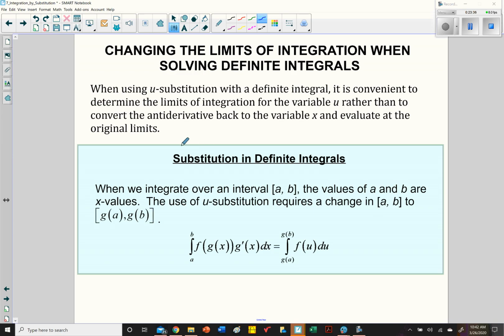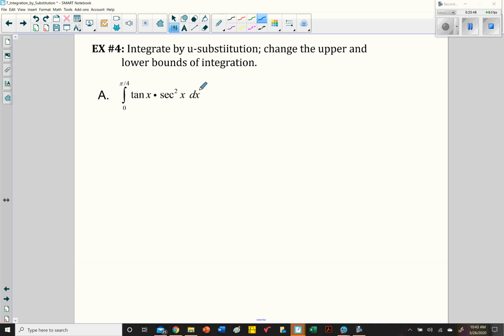Now, this next section or topic is how we can change the limits of integration when we're solving for definite integrals. Because each integral is in terms of x, we're going to change the upper and the lower bounds to match our u substitute when we switch over to u variables.